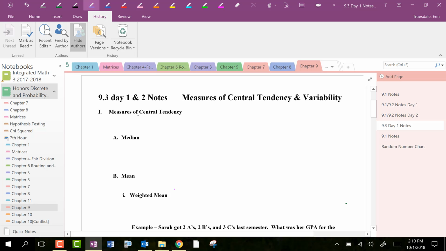Okay, central tendency. Different measures of central tendency give information about where the center lies. There are a couple of different types that we have: median, mean, and mode.